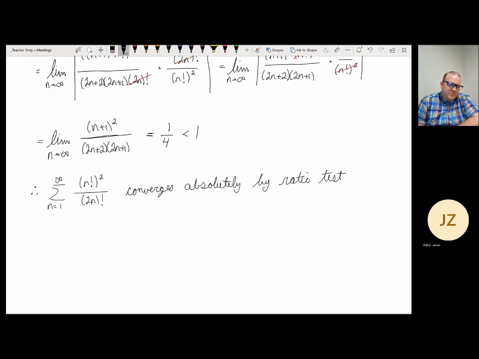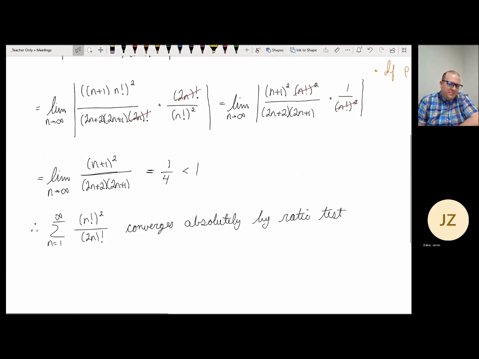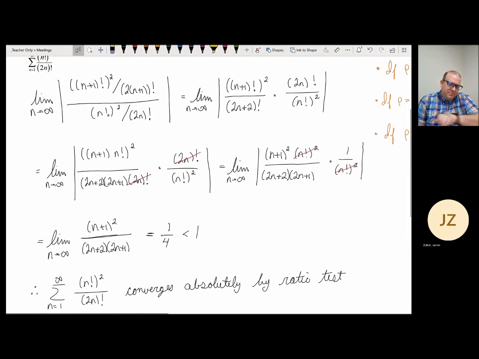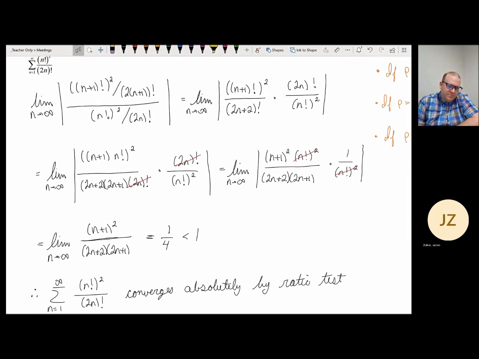The first, like where we just set up the equation. How do we get from that, all the way at the top, to n+1 factorial squared? I'm just trying to look at it. Oh, I see it. Good.